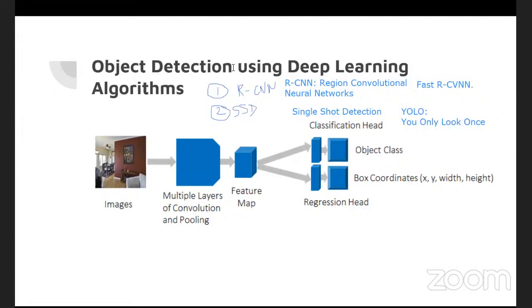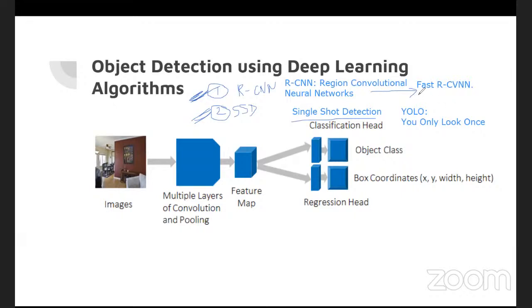So there are two types of algorithms available in deep learning for object detection. The first is RCNN-based algorithms, and the second is SSD, that is, single shot detection algorithms.